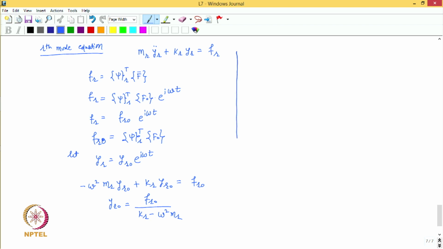If I substitute Fr0 here, then I get psi r transpose f naught divided by kr minus omega square mr.